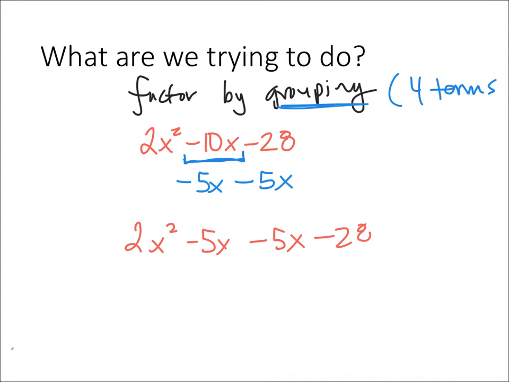So what we're trying to do is make 4 terms. By doing that, we're going to be able to group sections or pairs of these terms so that we can work with them, manipulate them, and find greatest common factors with them.